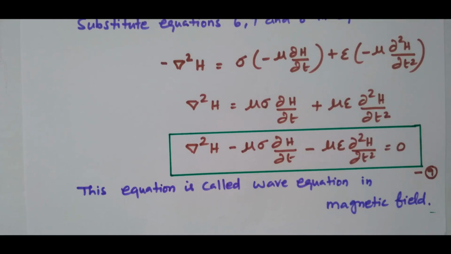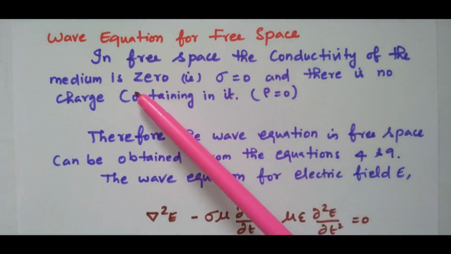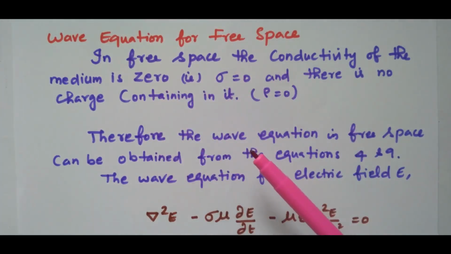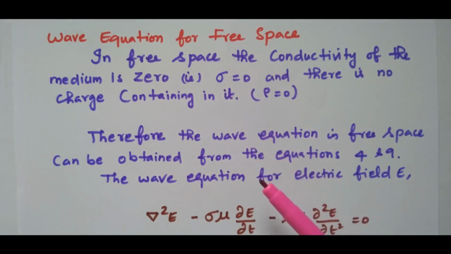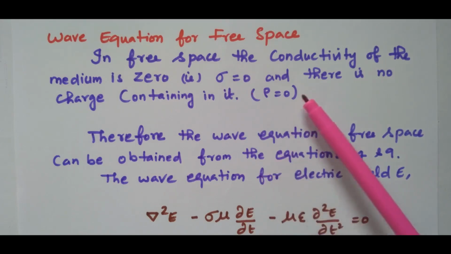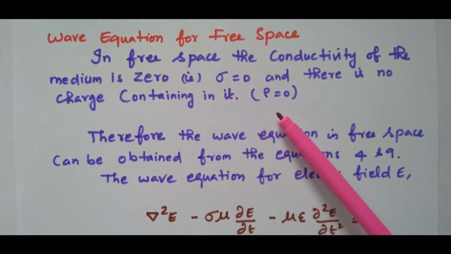Now we will see the wave equation for free space. For free space, the conductivity of the medium is 0, so sigma equal to 0, and there is no charge, so rho equal to 0.